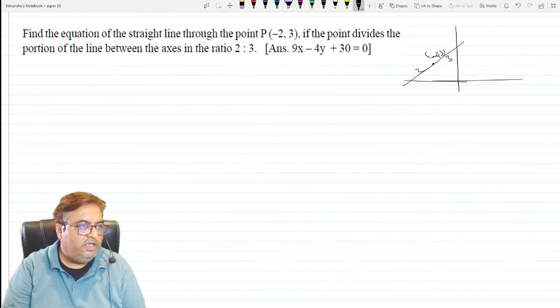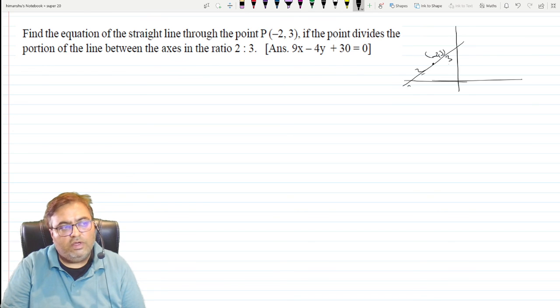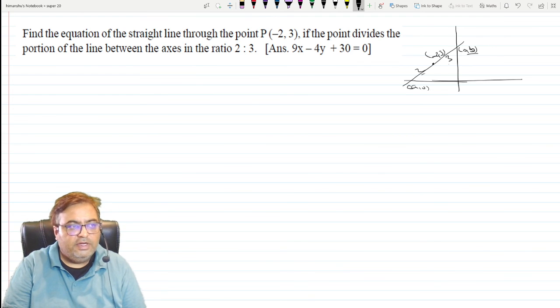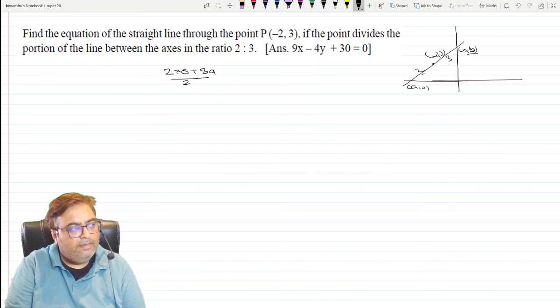Okay, so the question is: the line passes through a fixed point -2, 3, and the intercept between the coordinate axes is divided in the ratio 2:3. So if this point is a comma 0 and this point is 0 comma b, what will happen? As per the given condition, twice of 0 plus thrice of a divided by 2 plus 3 should be equals to -2.